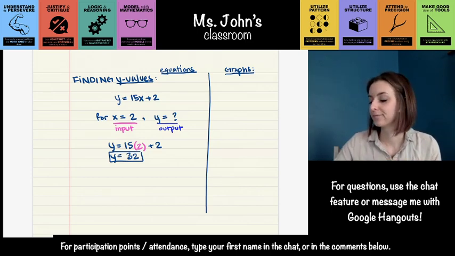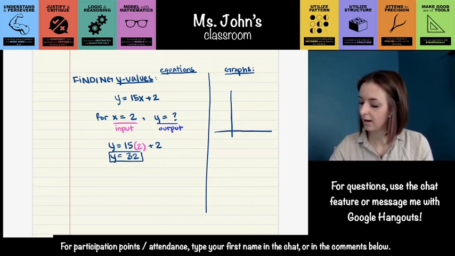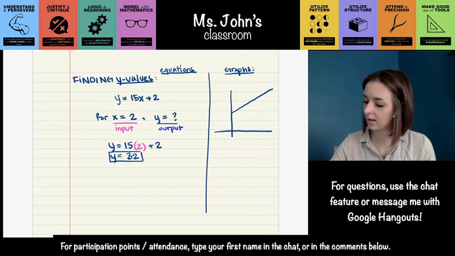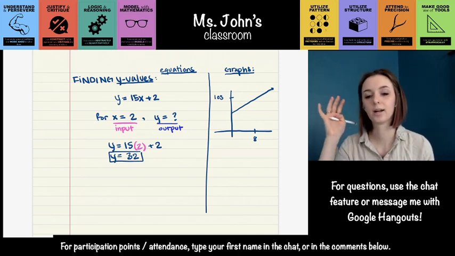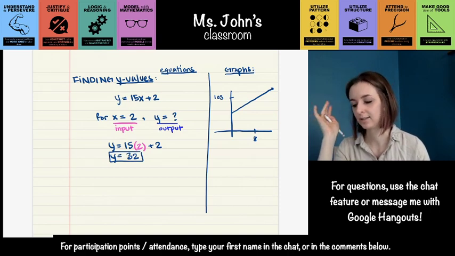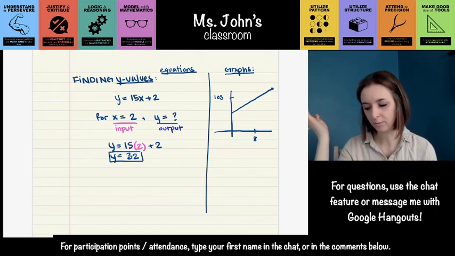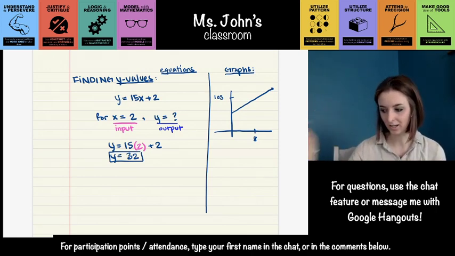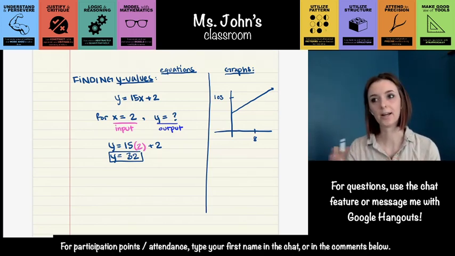If it's a graph, let's just say this is our graph here, and it starts there and keeps going, and this is 8, and this is 105. You're looking for the input-output relationship. If it's asking how many paper cups a machine produces in 8 hours, you go across the x-axis and find that value.